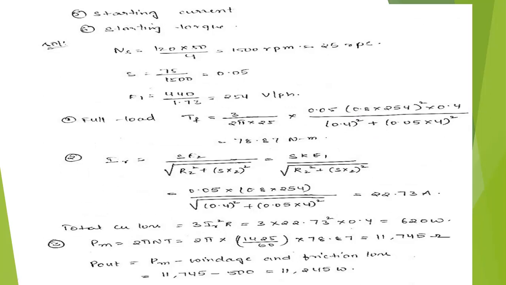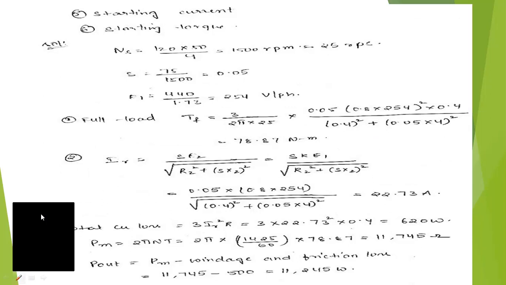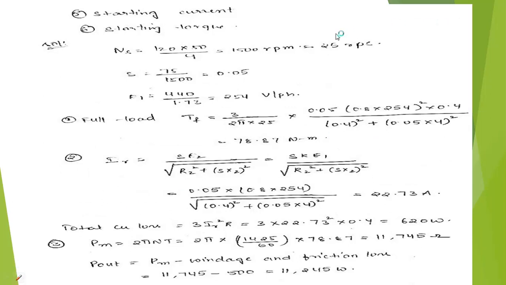Okay, K is equal to E2 by E1, right? You know that K is equal to E2 by E1. From that, how can I write it? See here. K is equal to E2 by E1, right?